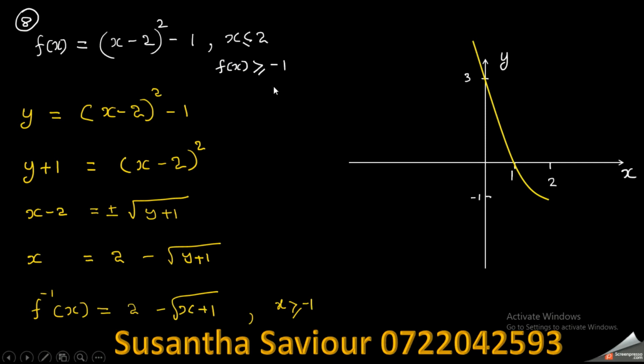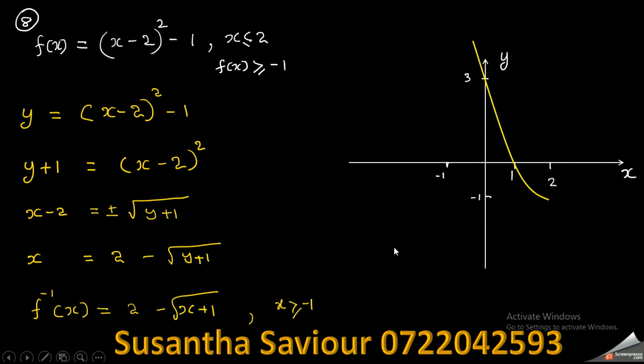Now I told you domain and range interchange in the inverse. The domain of the original will become the range for the inverse, and the range of the original will become the domain for the inverse, right? We will try to sketch this inverse function now. So what will happen? It will reflect on the line y equals x, right?